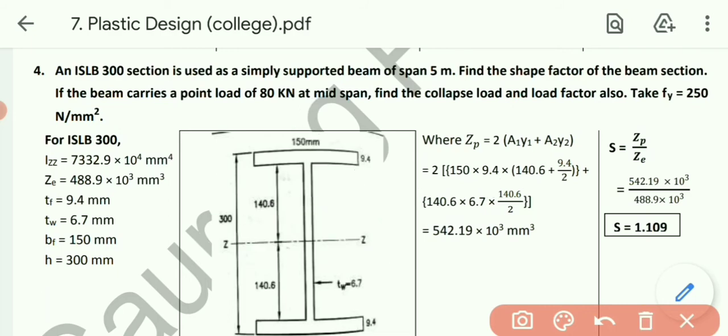We multiply by 2 because the same area is there on both sides. Like that we will get ZP as 542.19 into 10 raised to 3.